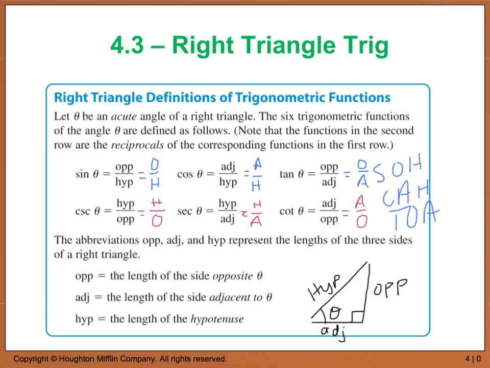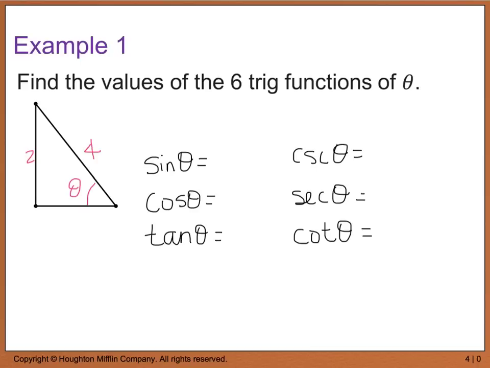Now, for me personally, I don't memorize the reciprocal functions so much, as I just know that sine and cosecant go together, cosine and secant go together, tangent and cotangent go together. So because of that, I only memorize sine, cosine, and tangent, and then I know how to get these if I need them.